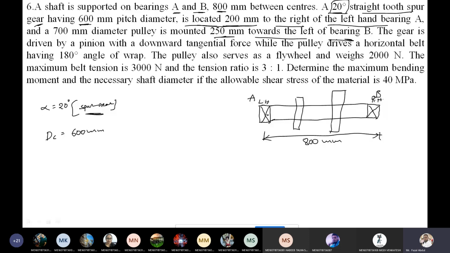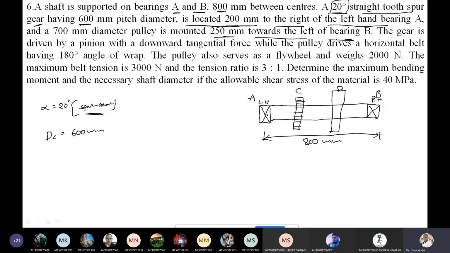Now the gear is driven by a pinion with a downward vertical tangential force. This is the gear, and I am drawing a horizontal line on it. For this I am giving the name C, and for this the name D.